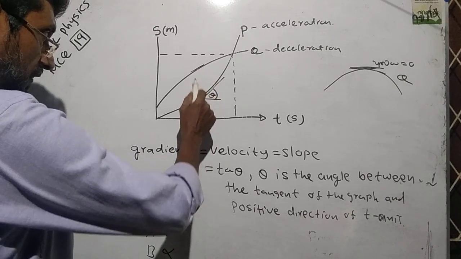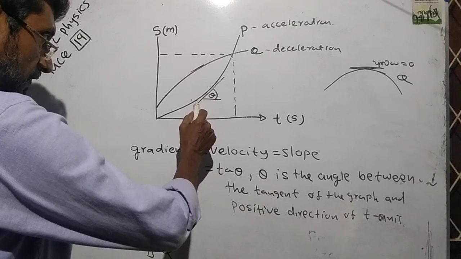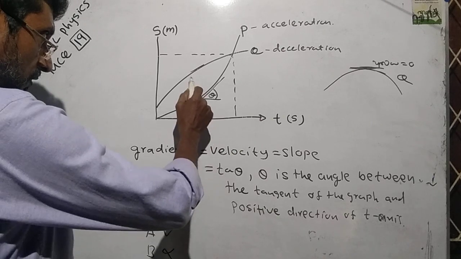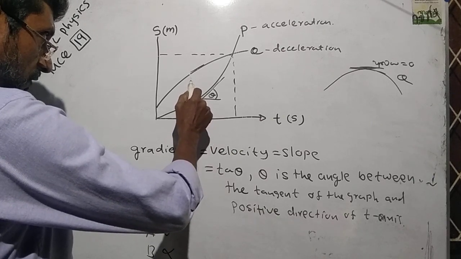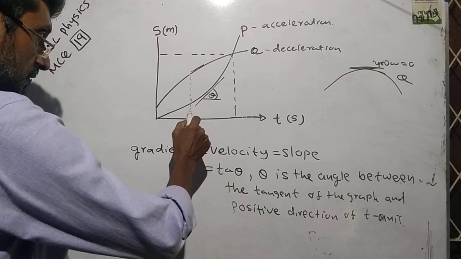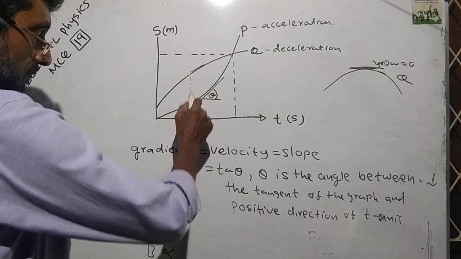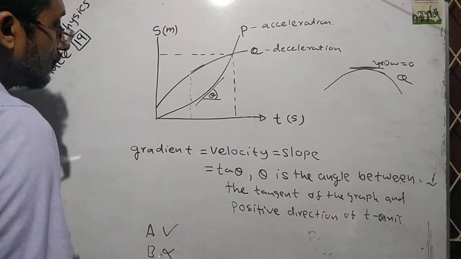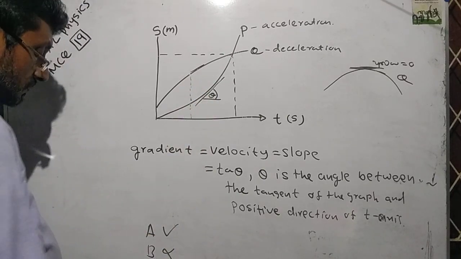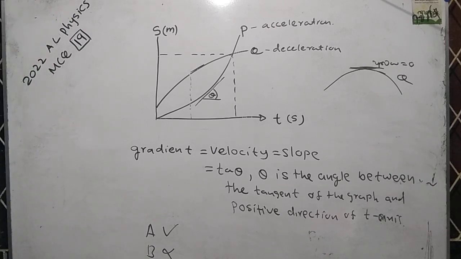When the gradients are equal, the velocities are the same. Like such a point, we can choose when the velocities are the same. But the answer is the first one for this question.